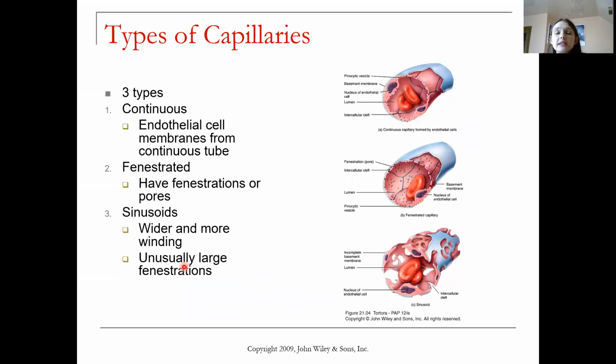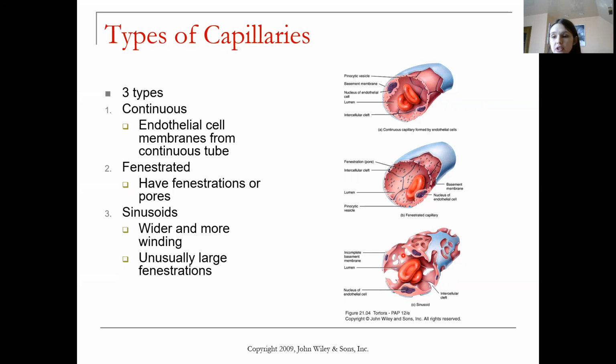Then there are three types of capillaries. The first type is the continuous type of capillaries, in which endothelial cell membranes form a continuous tube. Fenestrated capillaries have fenestrations or pores. You can see here such fenestration through which the processes of exchange happen.